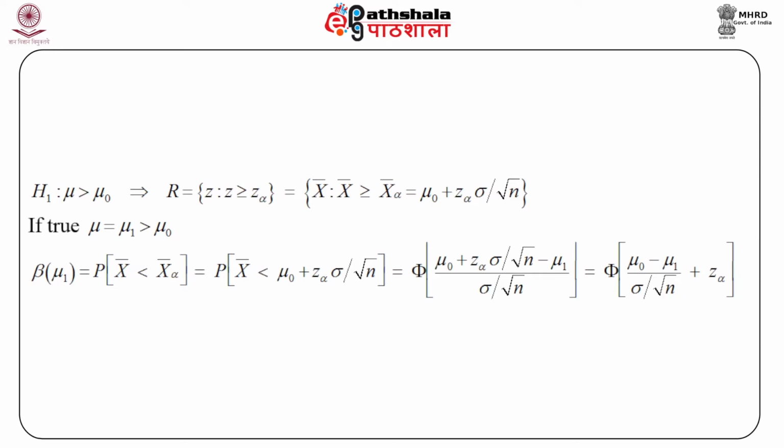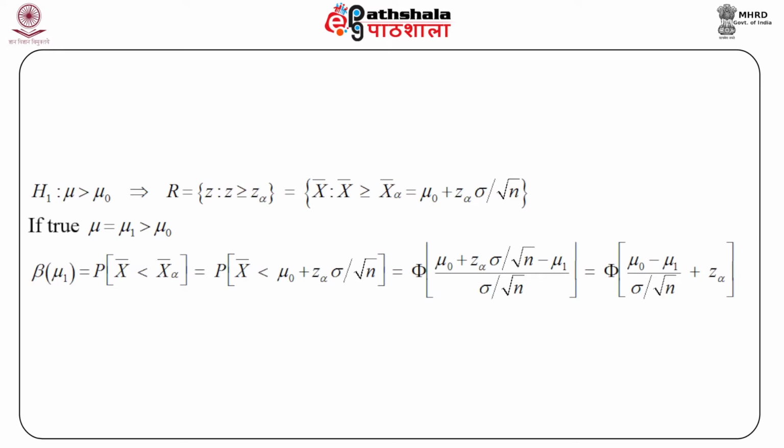So this is our first alternative, and if we have the true value of mu equal to mu 1, which is greater than mu 0, then we can see that beta mu 1 is equal to probability x bar less than x bar alpha. And this, you can see on your screen, is equal to probability of x bar less than mu 0 plus Z alpha into sigma by root n.